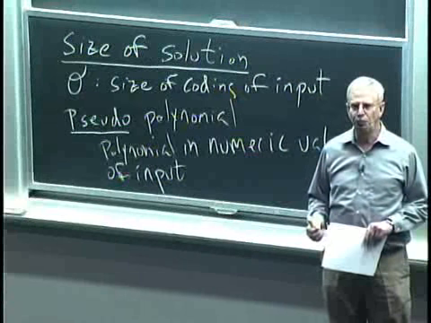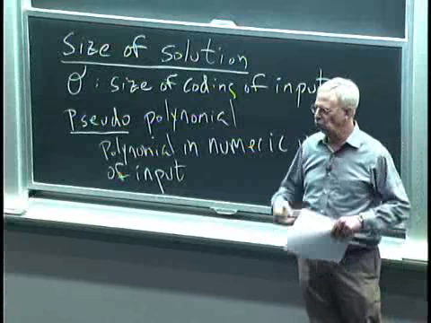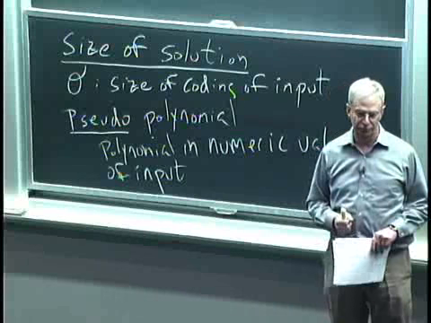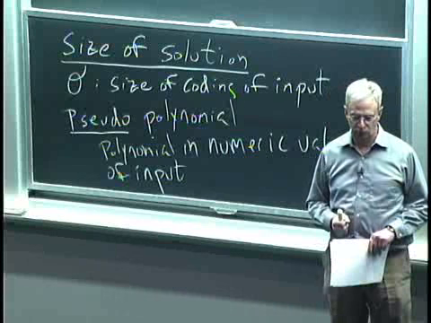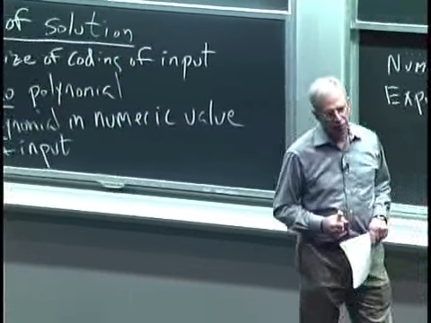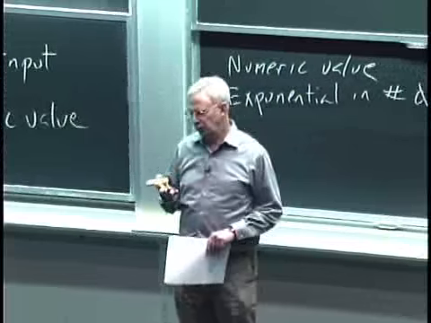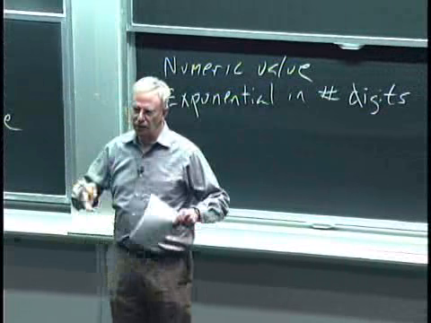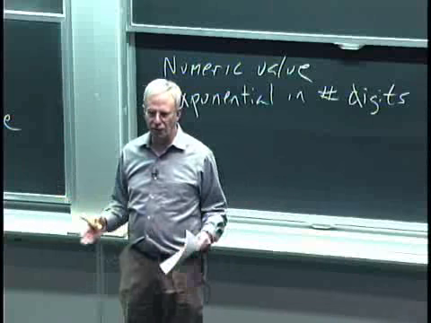The number of bits required to represent the input in the computer. And so when we say something is exponential, we're talking about it in terms of the number of bits required to represent it.